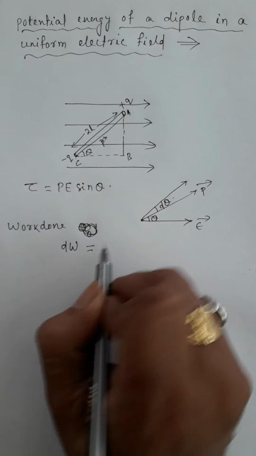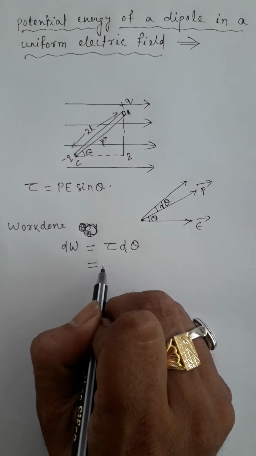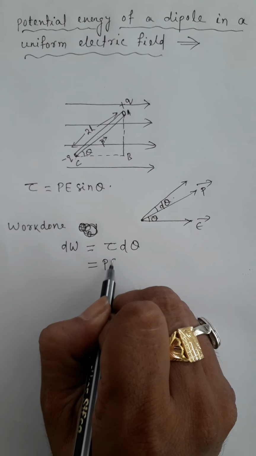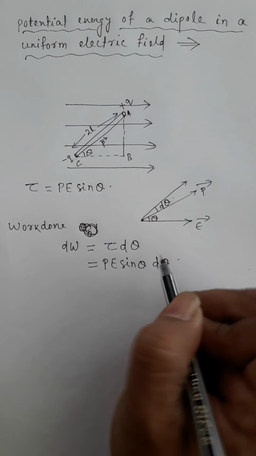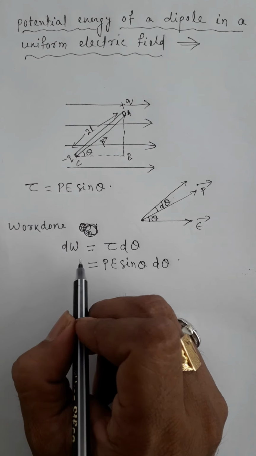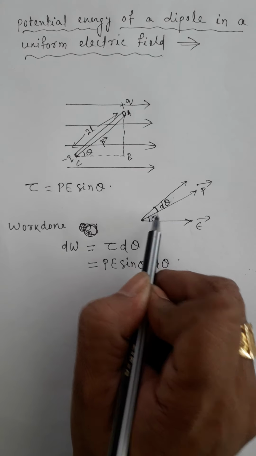So dW is equal to tau into d theta, and tau is equal to pE sin theta, so dW is pE sin theta d theta. So this is the small work done in rotating the dipole through the small angle d theta.